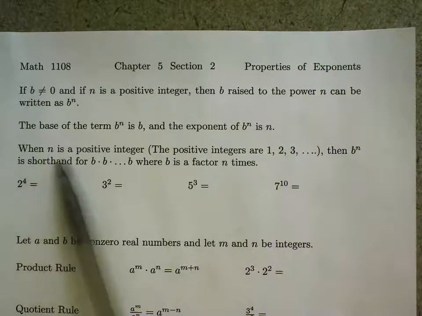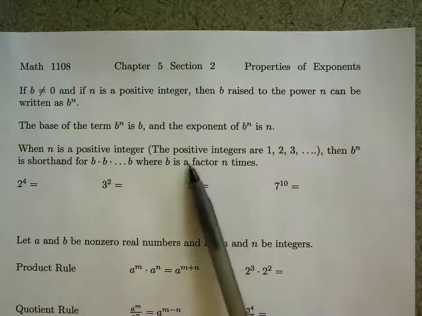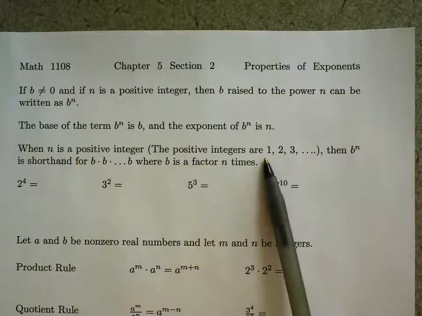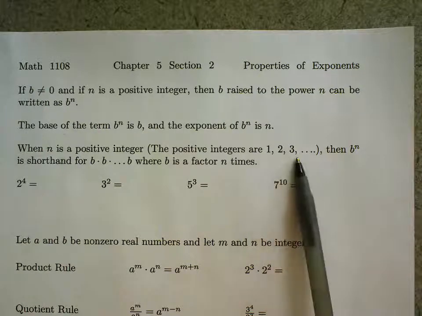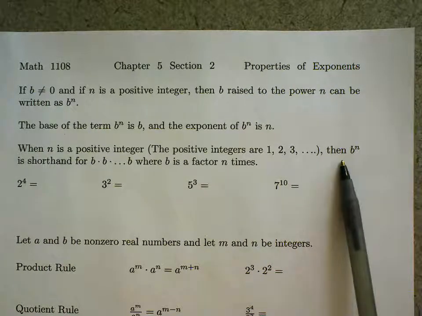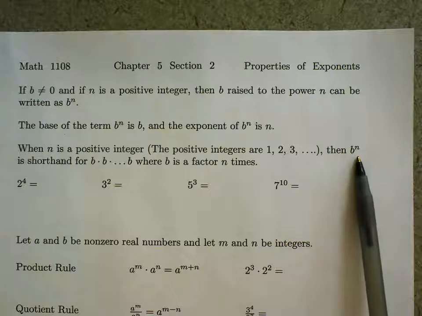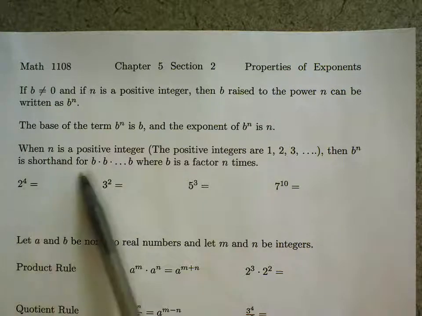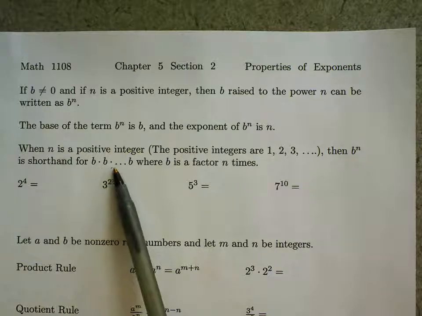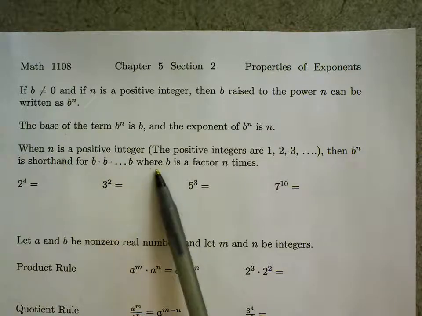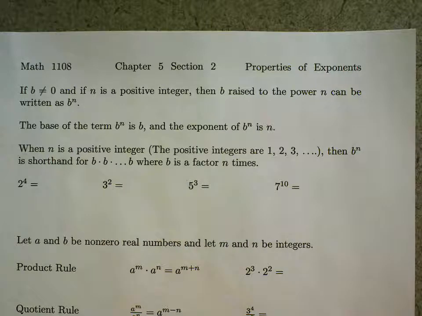When n is a positive integer, and as a reminder, the positive integers are the counting numbers 1, 2, 3, 4, and so on, then b raised to the power n is shorthand for b times b times b, and so on, where b is a factor n times.